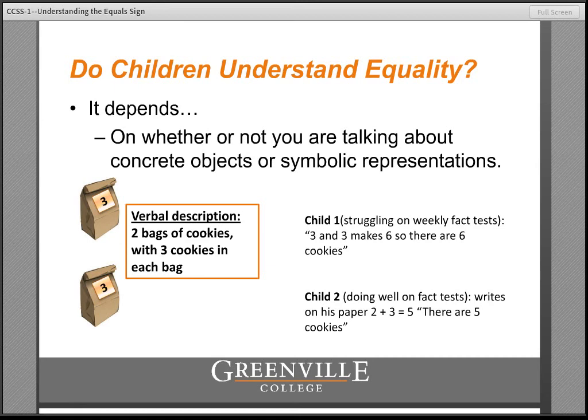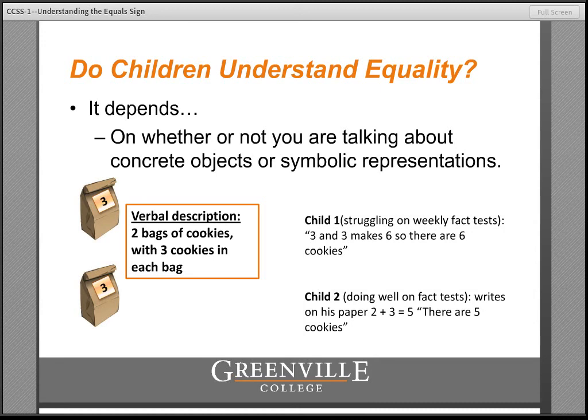Perhaps you've seen that. As part of the assessment interview, I gave him a verbal problem about 2 bags with 3 cookies in each bag. He immediately knew it was 6 cookies. He put 3 fingers up on one hand, 3 on the other, looked at them for a second and said, "Oh, it'd be 6." Clearly, he was making sense of the situation, even though he was failing the practice sheets. My other nephew, who the teacher said was doing fine in math, I gave him this problem.